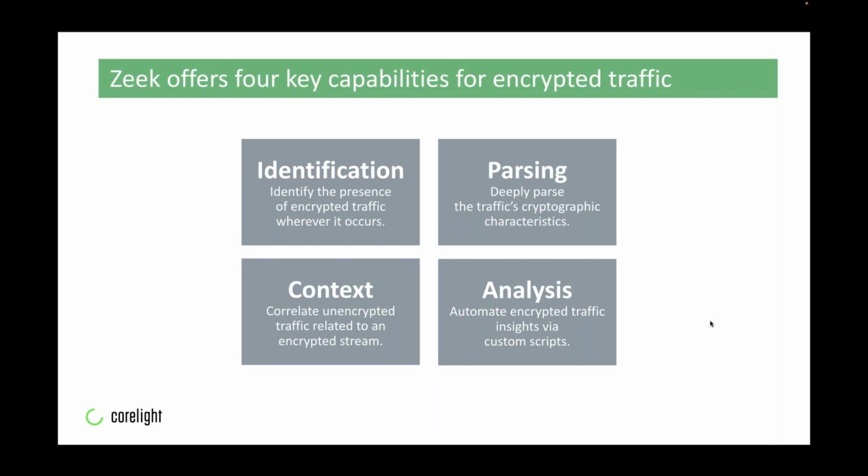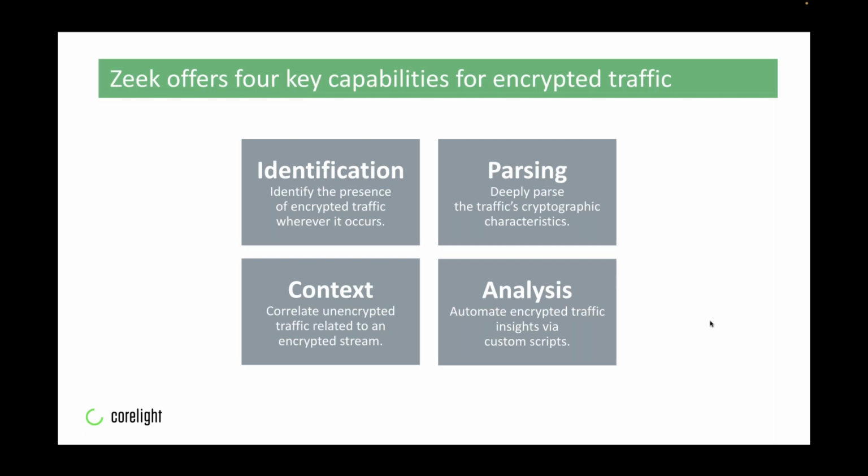What we can then do is parse that traffic. So we can really look into that handshake, understand the cryptographic characteristics. So what actually happened with the handshake on that traffic, what was agreed, what certificates were exchanged, and what was the nature of those certificates. So really understanding what's going on in there.